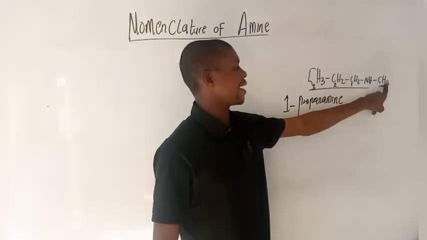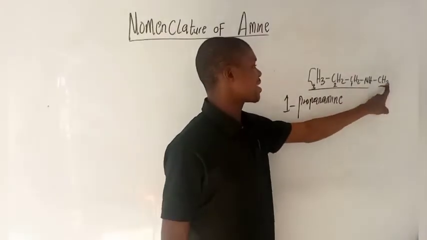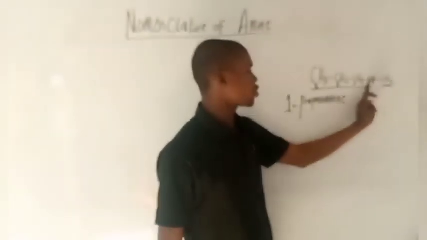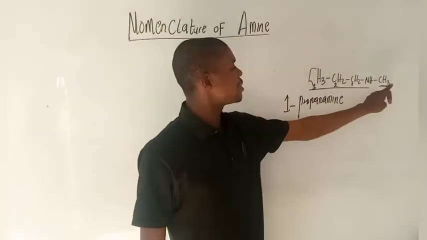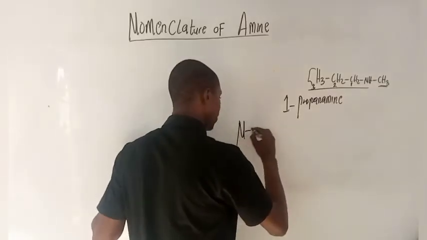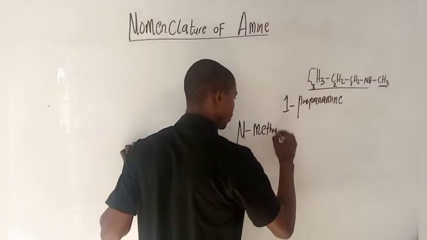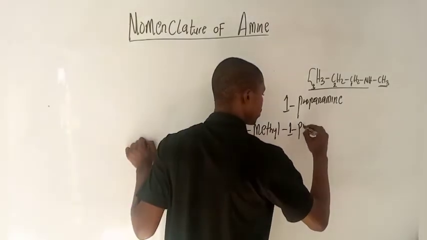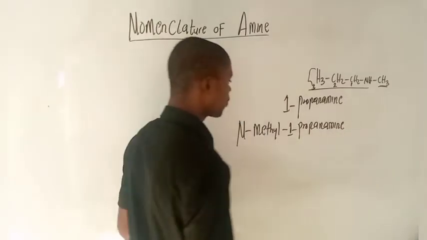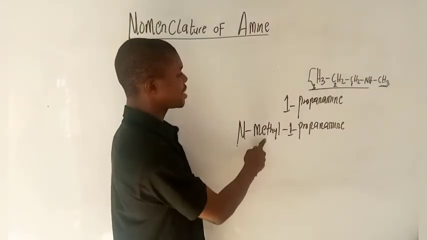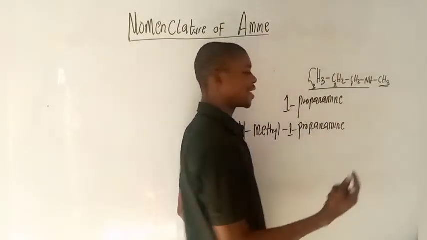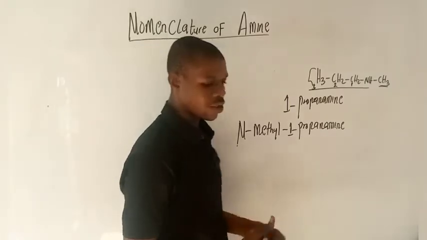But you must include this methyl. It is not directly attached to the chain; it is attached to the nitrogen. So to show that this methyl is attached to the nitrogen, you write N-methyl-1-propanamine. Hope you understand. This N shows that the methyl is not directly attached to the parent chain, but rather is attached to the nitrogen itself. So that is the meaning.